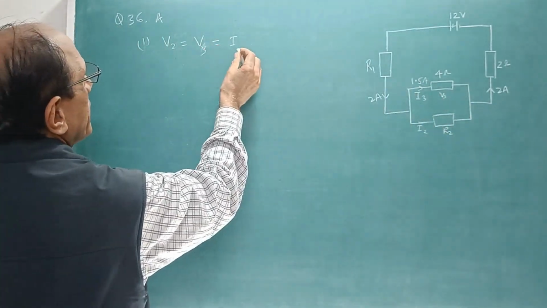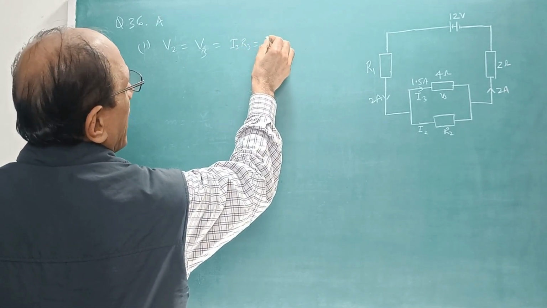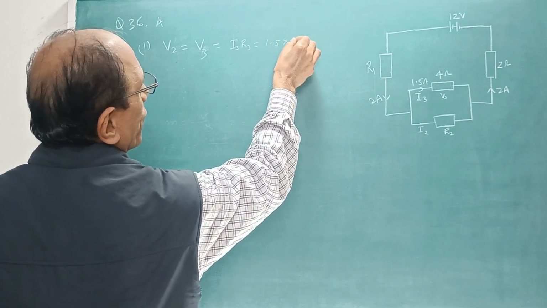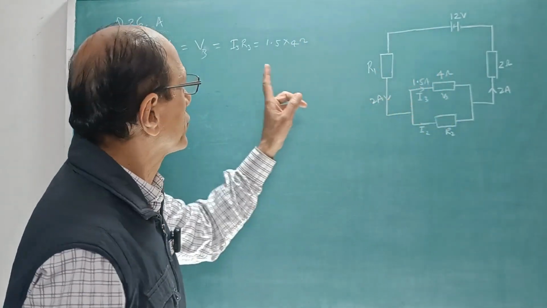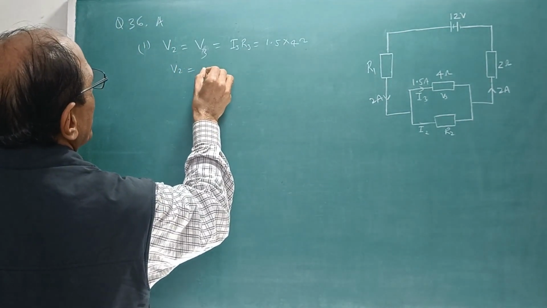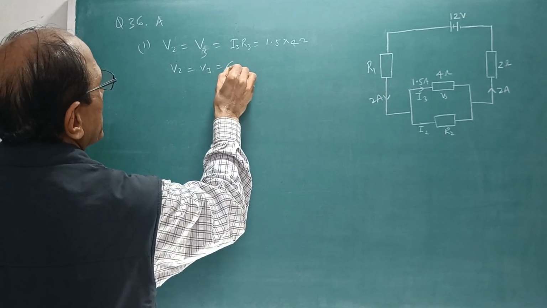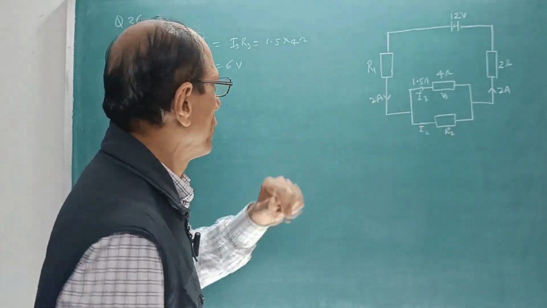So this V3 will be I3 into R3, that is 1.5 into 4 ohm. So I3 is 1.5 and R3 is 4 ohm. So this is equal to 6 volt. So V2 is equal to V3, that is equal to 6 volt. So the voltage across R2 is 6 volt.